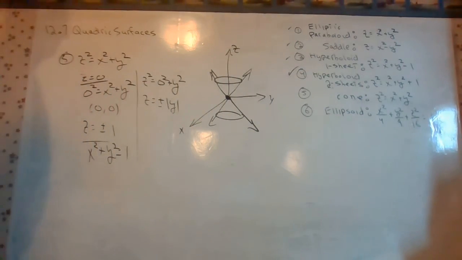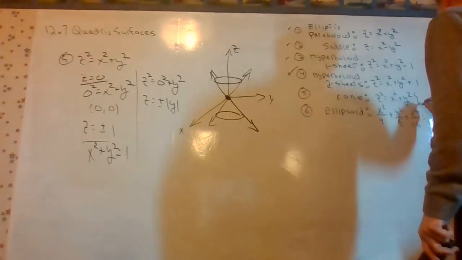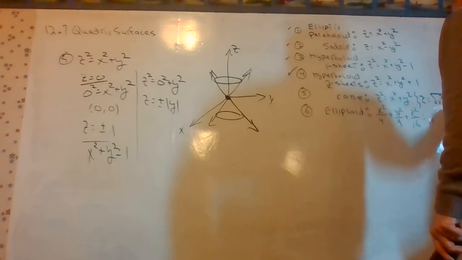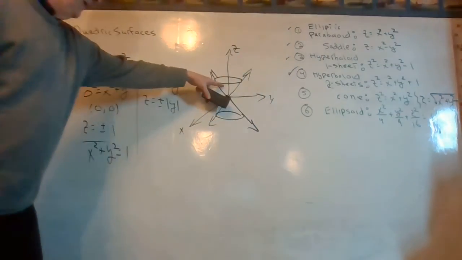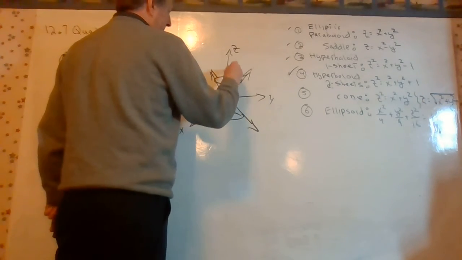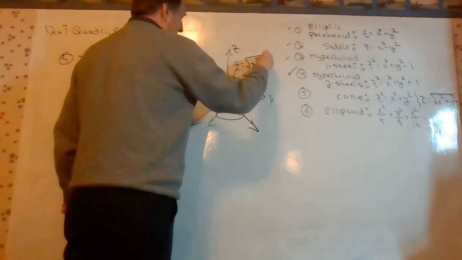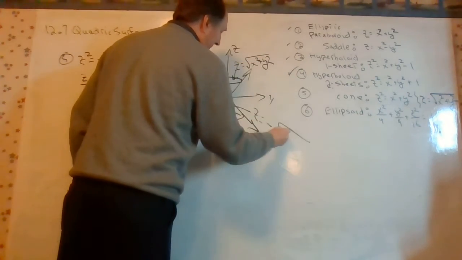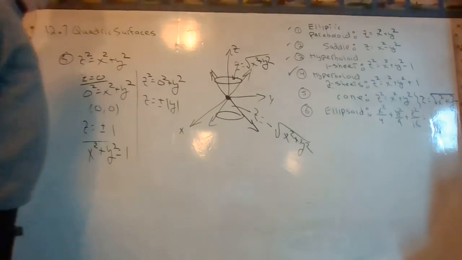That's what gives us a cone. If we do z equals square root of x squared plus y squared, that would just be the top half of the cone. And the bottom would be z equals negative square root x squared plus y squared.